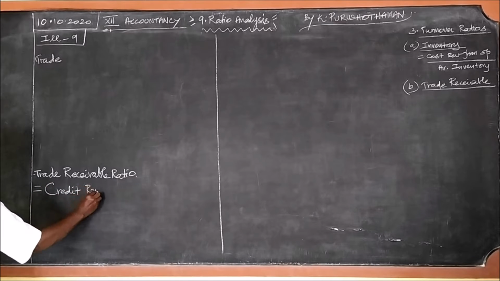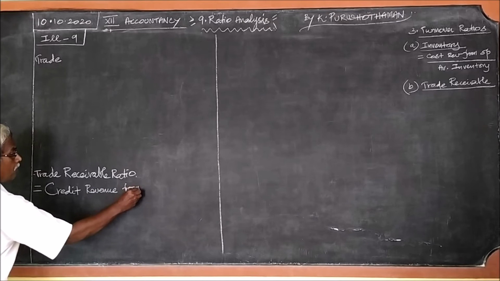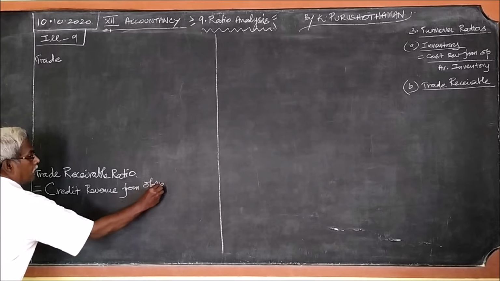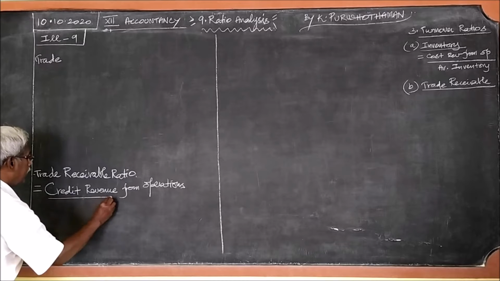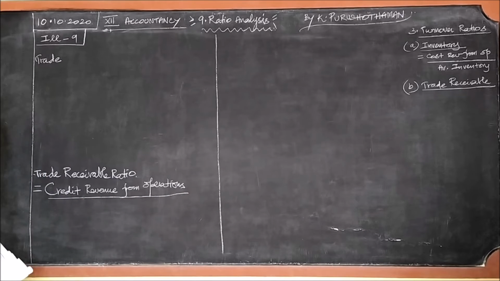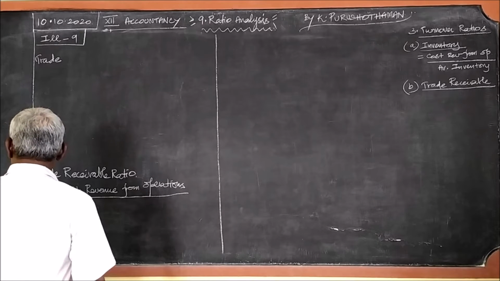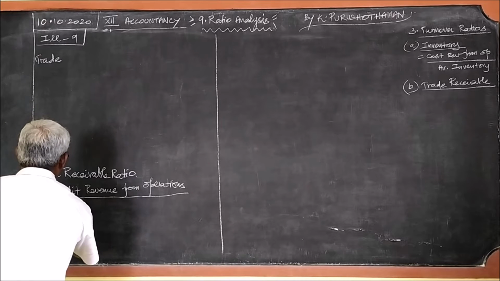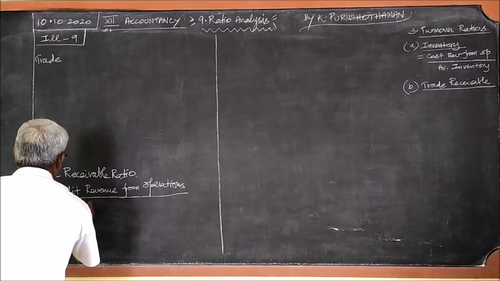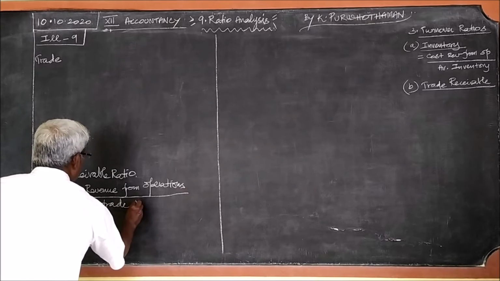Credit revenue from operations whole divided by trade receivable, that is average trade receivables. Average trade receivables.